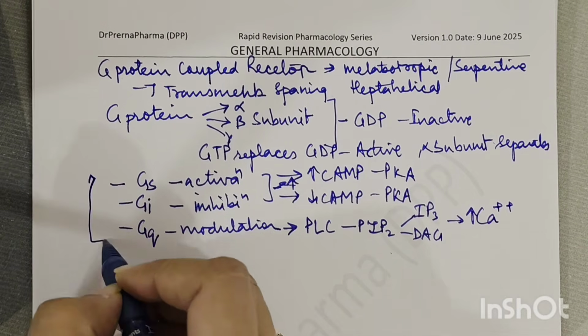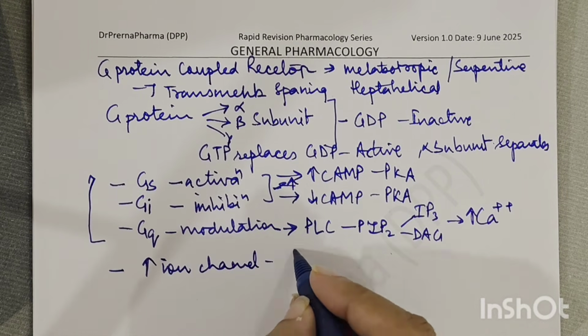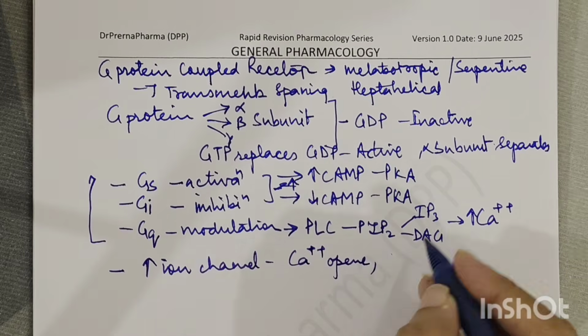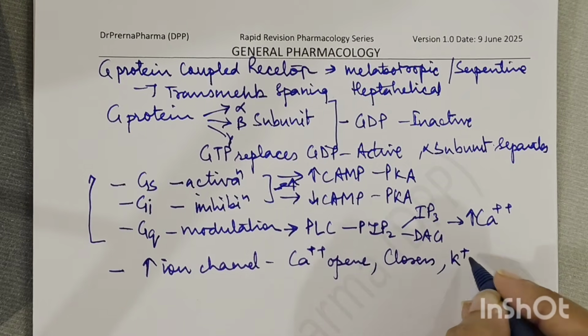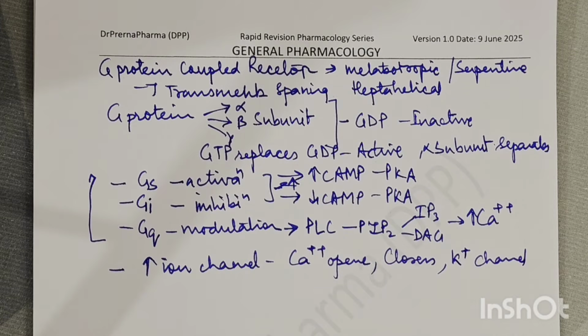So this is their main mechanism of action. Another mechanism is that they increase the permeability of ion channels, especially the calcium channel openers are there, calcium channel closers are there, and they also act on the potassium channels. So this is the activity by which the G protein coupled receptors act.